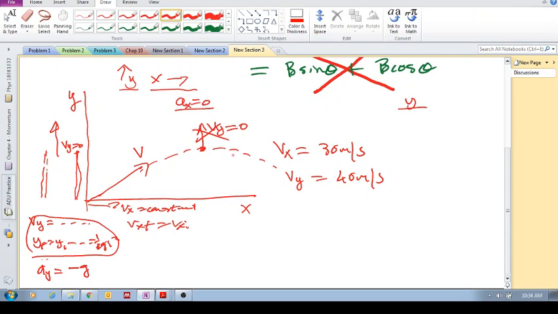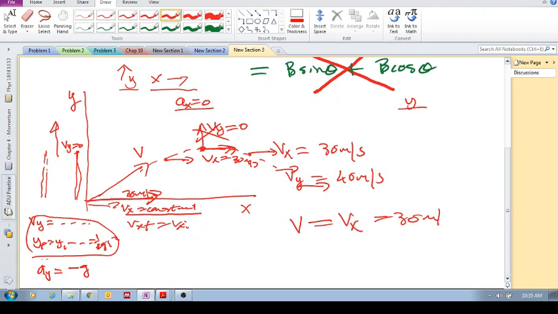And what's happening in the horizontal direction? It's constant. Whatever it was at the beginning, which was 30, it's going to be at any point along this projectile until it hits the ground. So my Vx there is 30, but because there's no vertical component, the resultant velocity V is Vx, which is 30 meters per second in that direction, because there's no Vy.